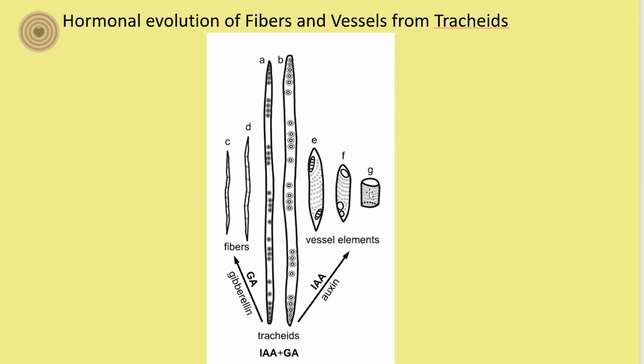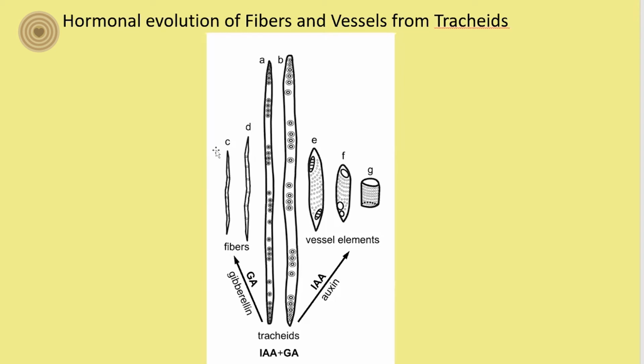Vessels are induced by auxin by itself, the auxin that is produced in young leaves. On the other hand, gibberellin became the specific signal for fibers, but it needs some background of auxin.